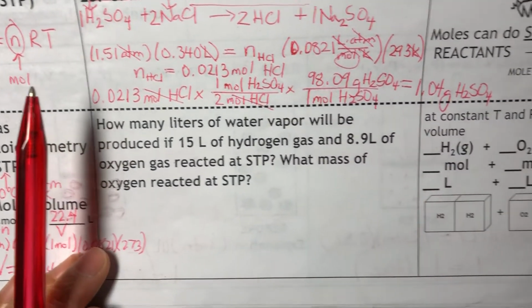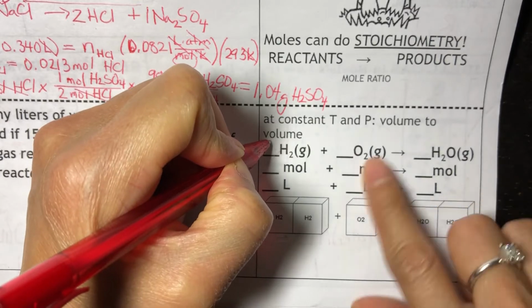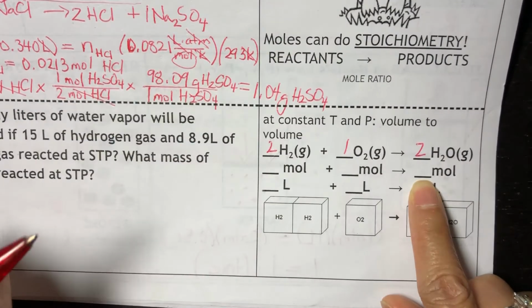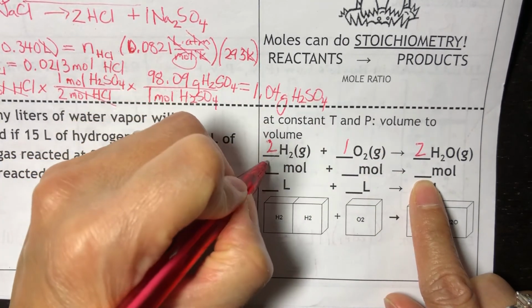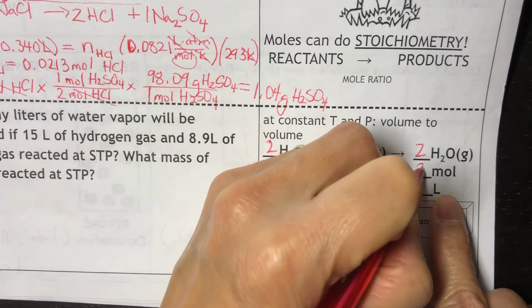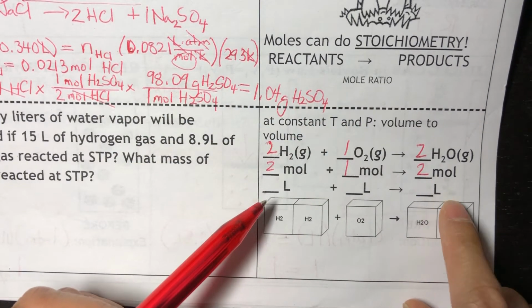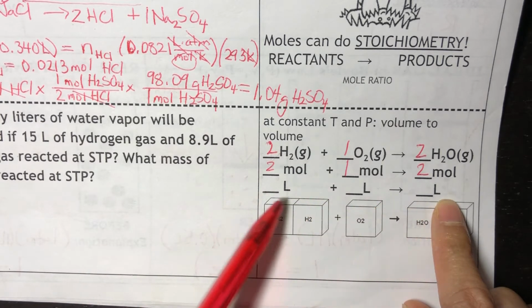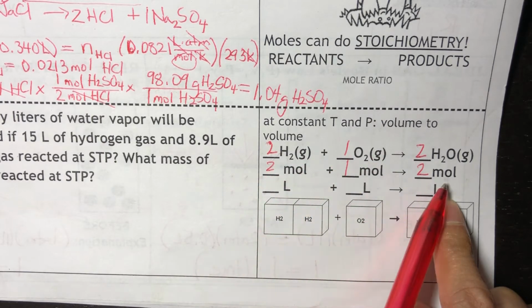I'm actually going to start off with the image first as a way to help us. So the first thing you want to do is to balance this equation. And in doing so, you get a 2 to 1 to 2 mole ratio. Now when the conditions of temperature and pressure are constant, the volume is going to be in the same proportion as the mole ratio.